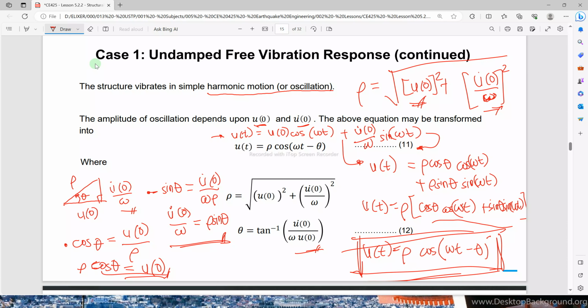So another simplified equation will look like this. This one here is our amplitude, and this one is the phase angle of our cycle.